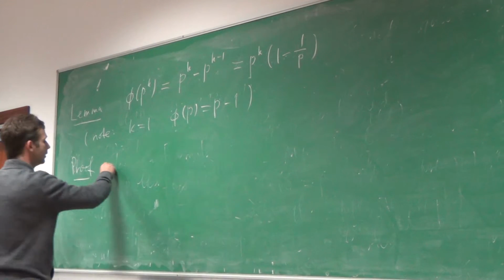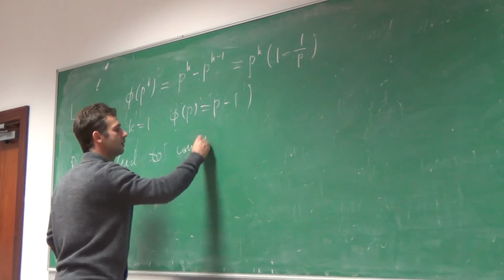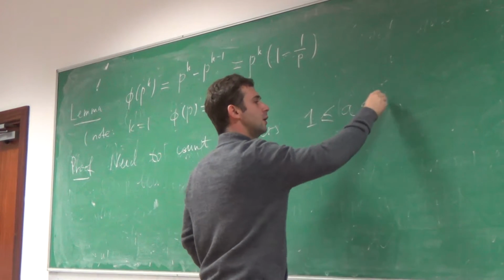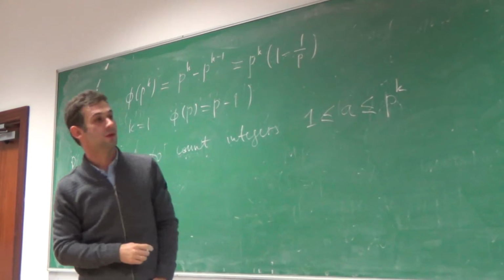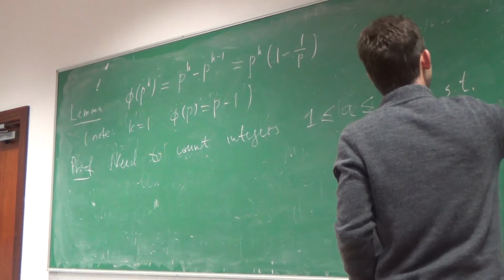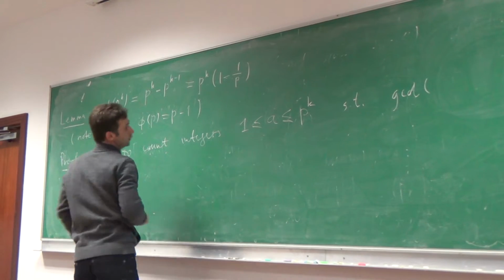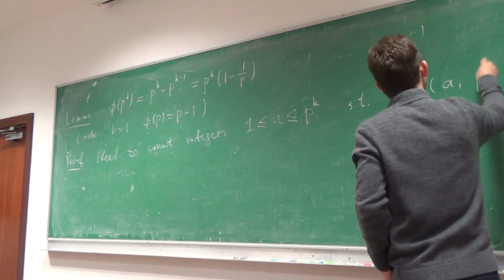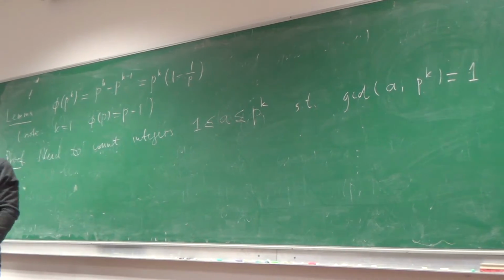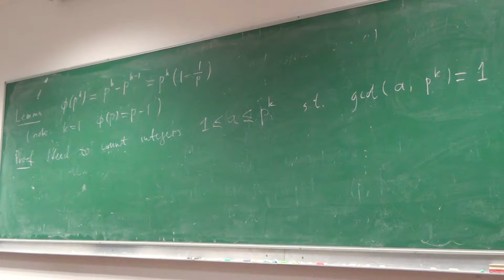So what we need to find out is to count integers in the range from 1 to p to the k, such that they are coprime to this, so the GCD of a and p to the k is 1. That's what I have to do.